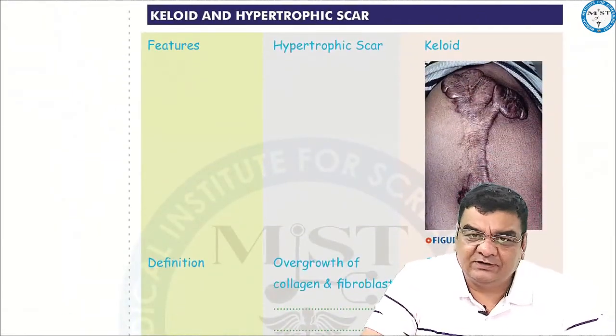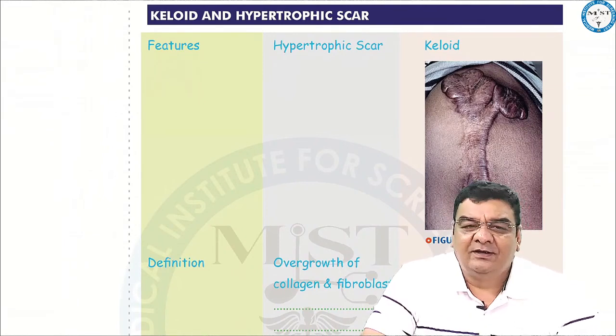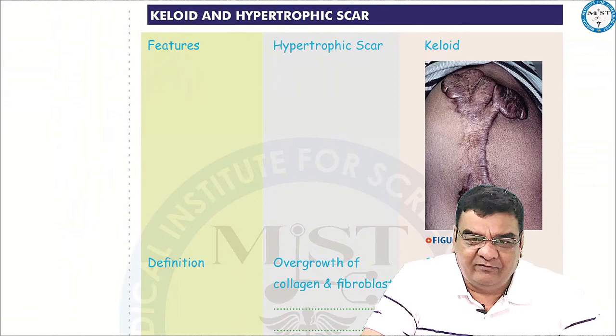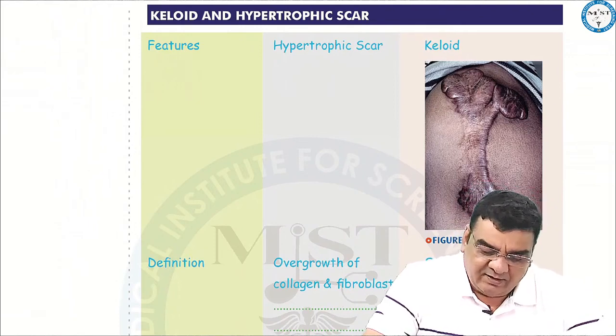Another topic in this surgical wound, the keloid and hypertrophic scar. We know that we have a very lovely and cute faculty of pathology with us, Dr. Kunal sir. This is his domain. With due respect and regards to Kunal sir, for this particular topic I'm just giving you a little brief, though he takes this topic in detail.